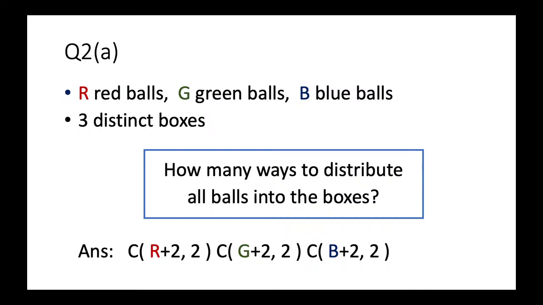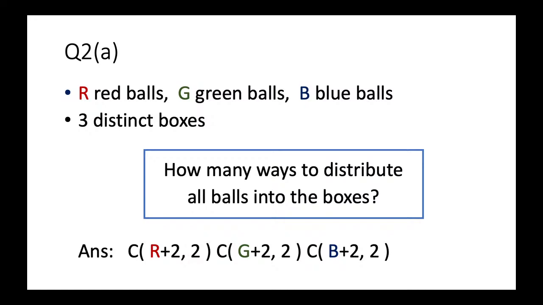In that case, to find out how many ways to do so, we first observe that the process of distributing red balls is independent of the process of distributing the green balls and also the process of distributing the blue balls. So we can use the rule of product to solve this question.